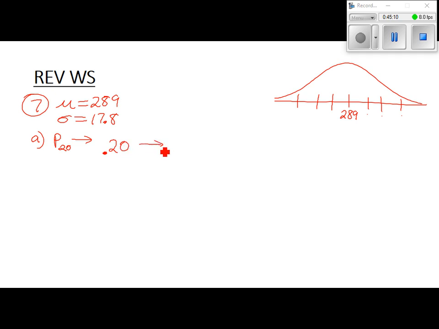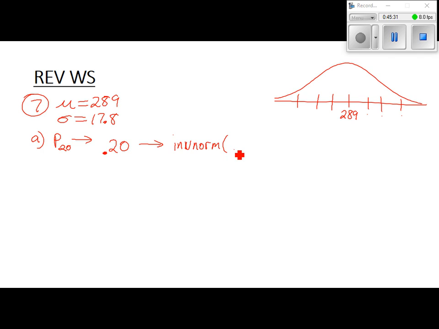What we're going to do on this, we're changing this number into a raw score. What we can do is use the inverse norm on our calculator. We don't want to put in just the area like we've been doing, because we want a raw score.